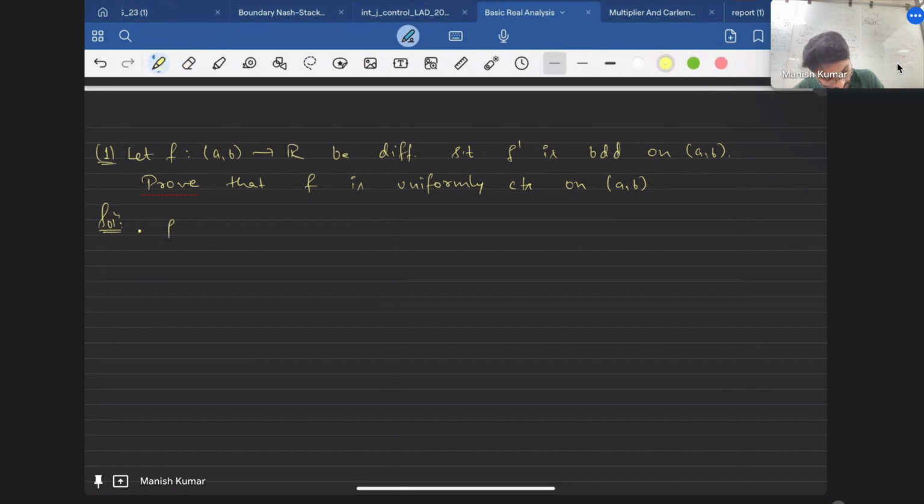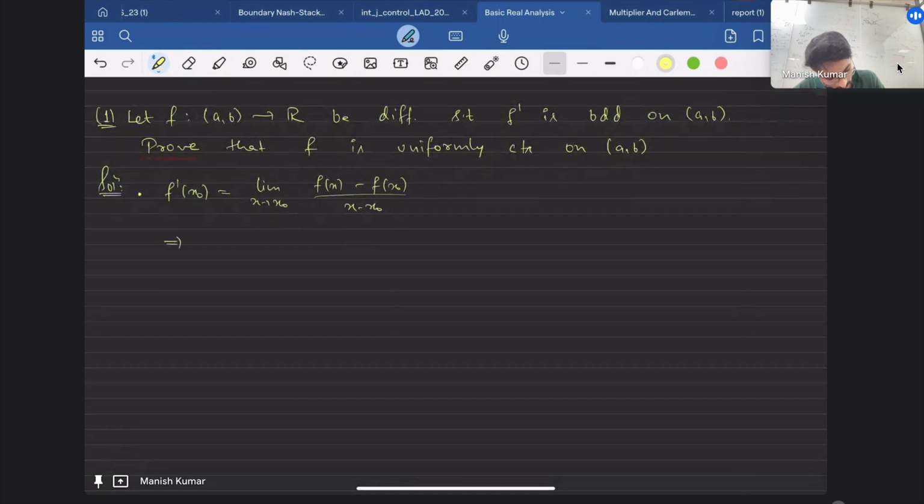So it's saying that f prime of x naught is the limit as x goes to x naught of (f of x minus f of x naught) over (x minus x naught).